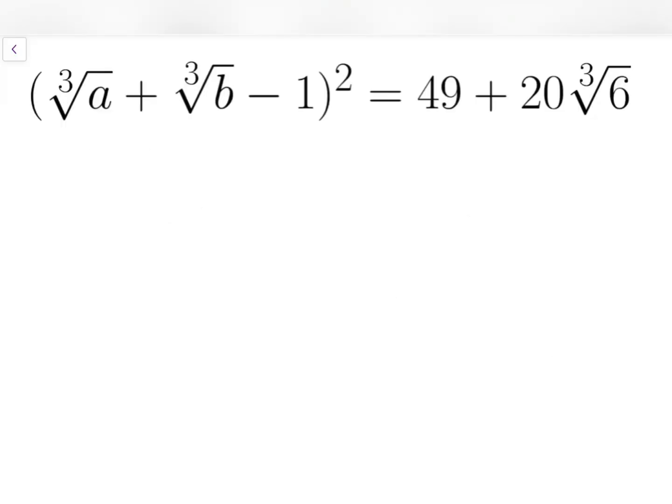One of the ways to find such positive integers a and b would be to first expand the left side and see what terms we actually have.